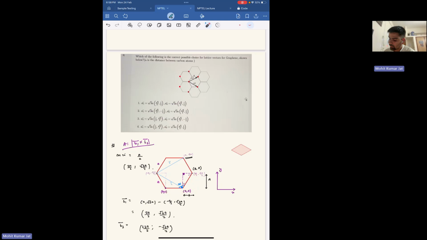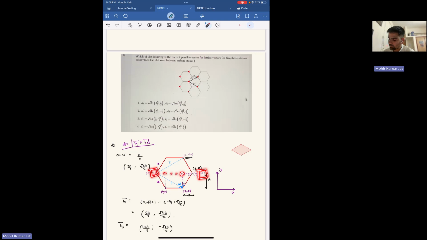So this point here corresponds to x equals 3A by 2. This is A and here it's 3A by 2. So this will be minus A by 2 because this is 0. Now the height I also calculated, root 3A by 2.